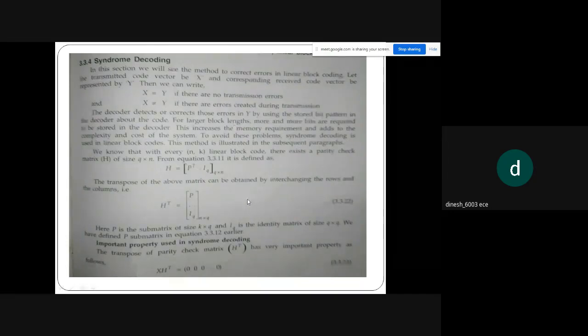For that we go for syndrome decoding. This syndrome decoding depends upon the H matrix that we had seen, which is your parity check matrix, obtained from the linear block codes.